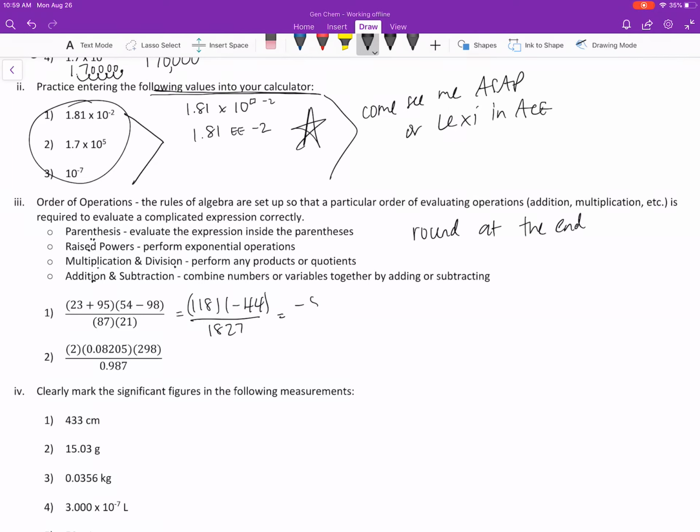And now I'm going to solve the top by multiplying the denominators, rewriting the numerator, and at the end, I'm going to get this answer. Okay? So this isn't including doing sig figs with it yet, just making sure we remember order of operations.